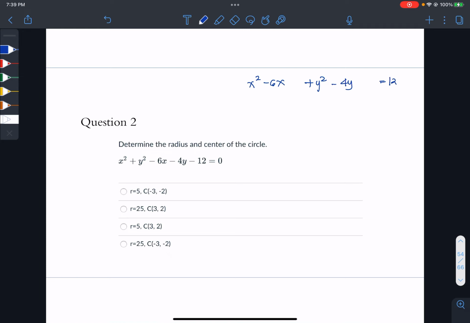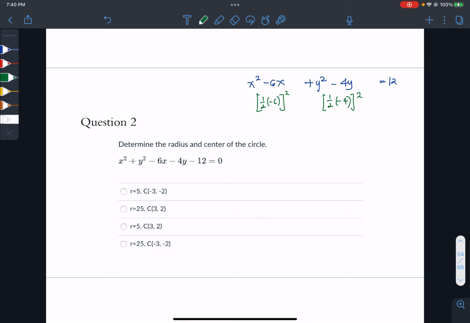So that would become plus 12. Remember, in completing the square, we take half of the middle term, which is negative 6, then square it. Ganun din dito, no? Half of the middle term, which is negative 4, and then square it. Given na walang numerical coefficient yung x at saka yung y, it's only 1.